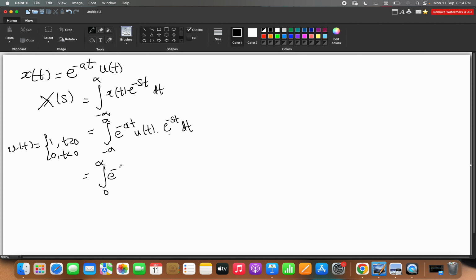So here e power minus at, instead of u of t I am just replacing with 1, and we have e power minus st dt.